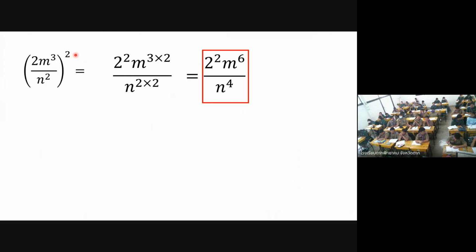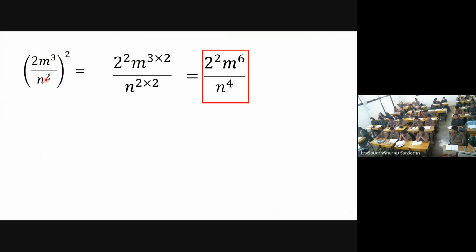Again, in multiplication and division, you are going to raise each of the given bases to the given power. Again, 2 to the power of 1 to the power of 2 is 2 to the power of 2. M to the power of 3 to the power of 2 is m to the power of 3 times 2, which is m to the power of 6.